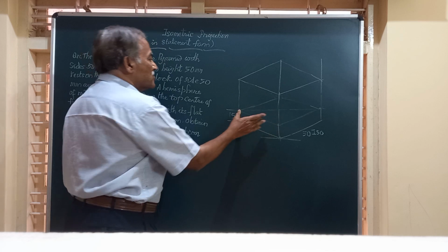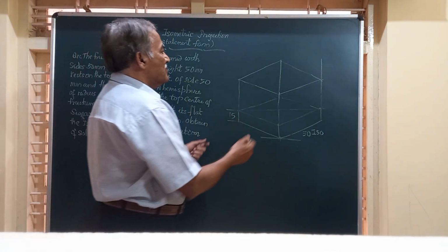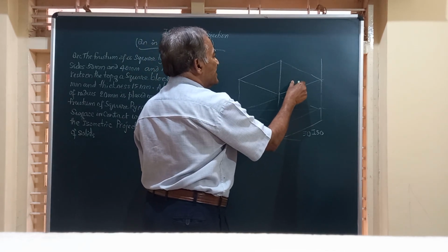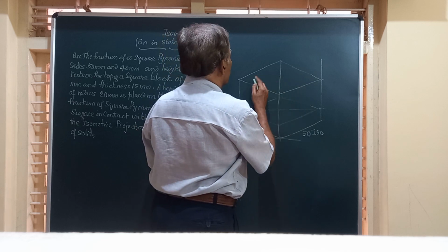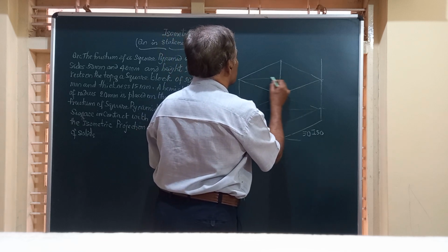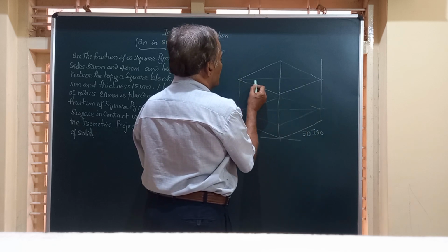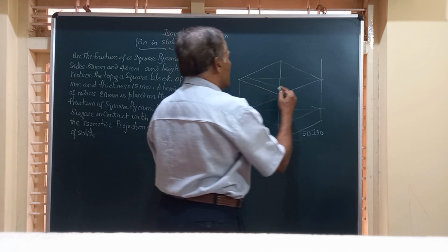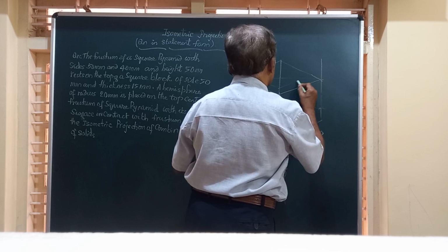For a pyramid, it has 50 and at the top for the frustum, it is 40 mm. 50, and if you leave a gap of 5 mm on every side, 50 minus 10 will be 40. So I will leave a gap of 5 millimeter from every end. From here I am going to draw this line, a line drawn from here meets somewhere here.